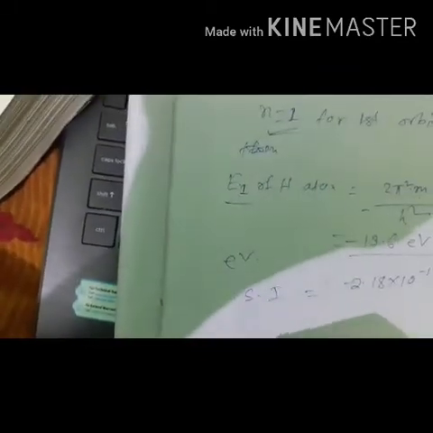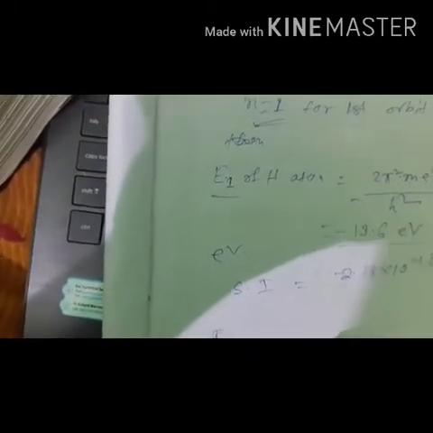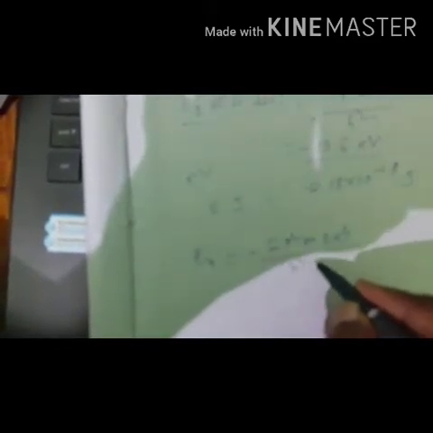Now if we take the general expression, En equals minus 2 pi square m Z square e to the power 4 divided by n square h square. If we take the nth orbit only, then for the hydrogen atom, separating this out, it is 1 by n square times this value, which is minus 13.6.